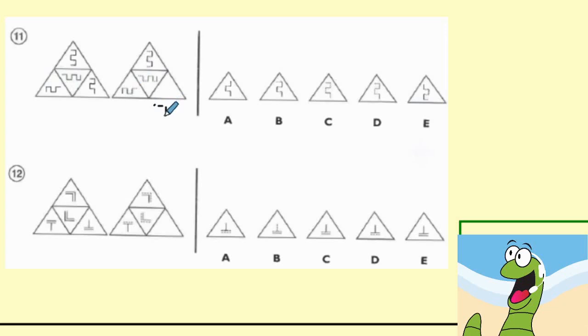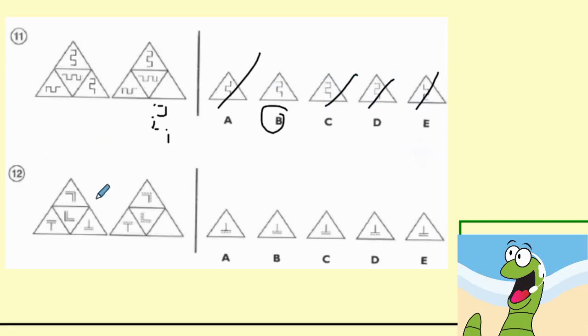The vertical lines are solid, dotted, and solid, and dotted, and solid. A, get rid of it, it's not the right shape. That's the right shape. Yep, must be that one. This one is going the wrong way. And these two don't work because they don't have the dotted or the horizontal lines.